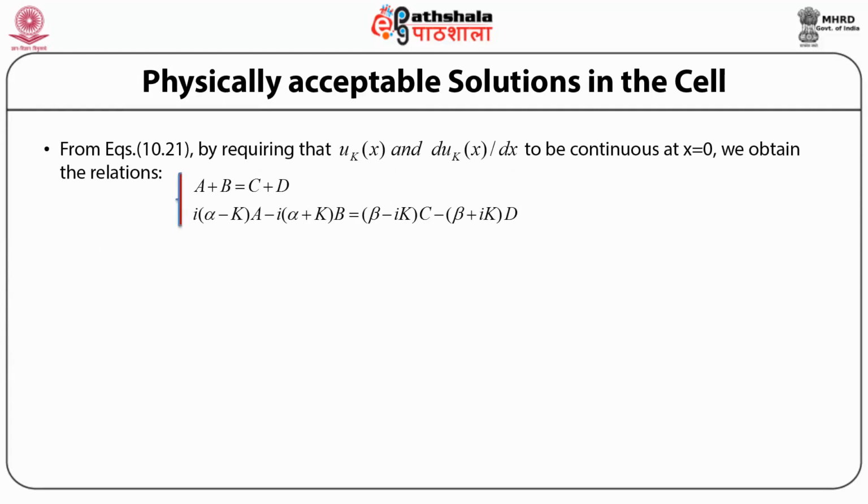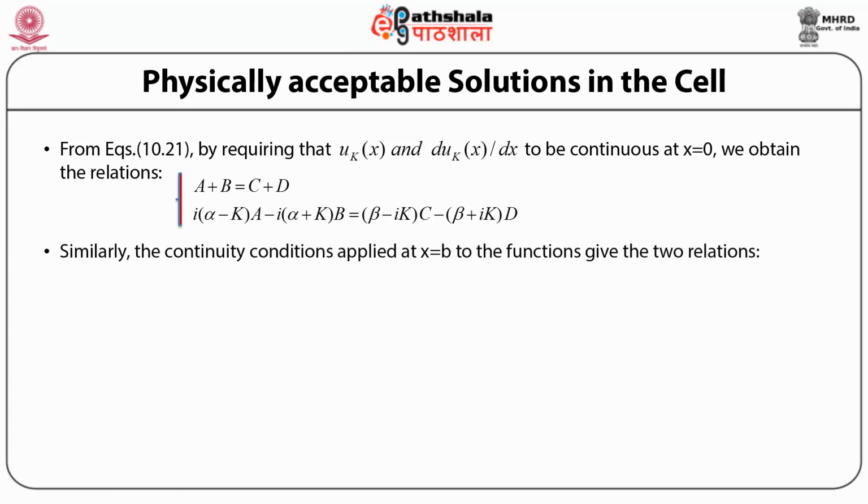From equation 21, by requiring that uk of x and the first order derivative of uk of x with respect to x be continuous at x is equal to 0, we obtain the relations a plus b is equal to c plus d and iota into alpha minus k into a minus iota into alpha plus k into b is equal to c into beta minus iota k minus d into beta plus iota k.